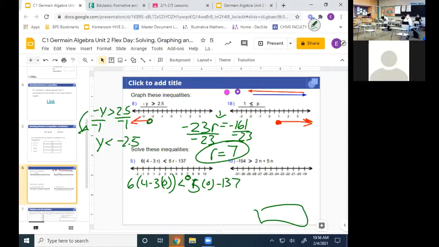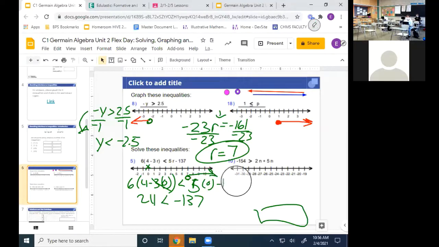We would say 24 is greater than, because that cancels out, 24 is greater than negative 137. Is that a true statement? Wait, no, 24 is less than. Oh, less than, you're right. Is that true? No. So that means 0 is not going to be a solution. So which direction is my line going to go here? Very good, to the right.